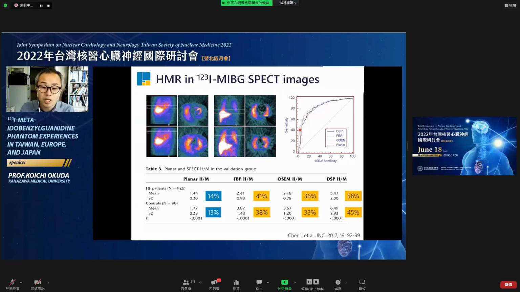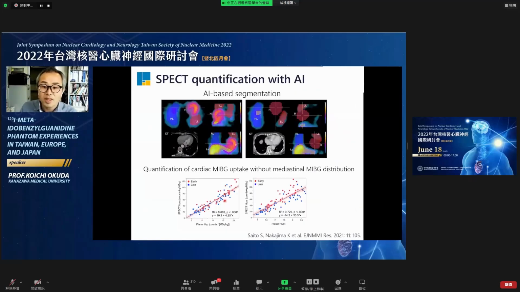This is because SPECT HMRs have large variations in comparison with planar HMR. In these patient groups, coefficients of variation were higher in SPECT HMR than in planar HMR. To overcome this limitation, Dr. Nakajima and his colleagues developed an AI-based organ segmentation method.